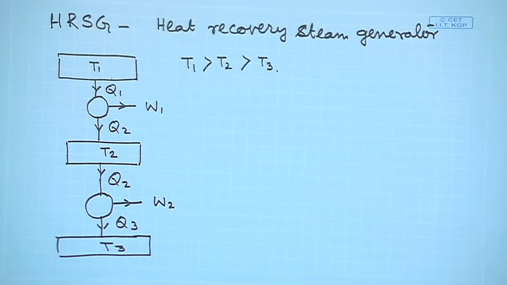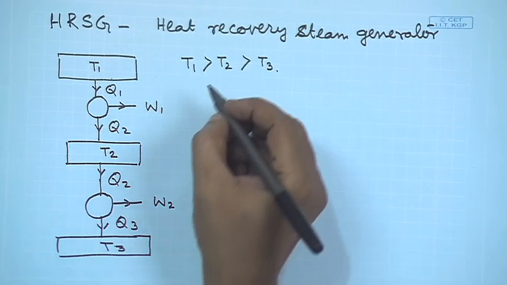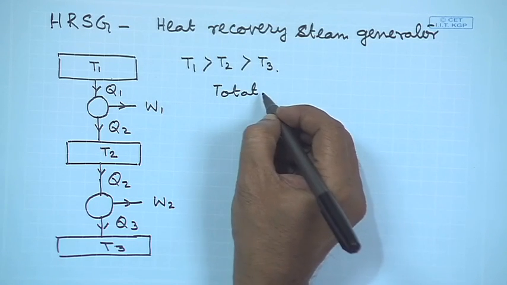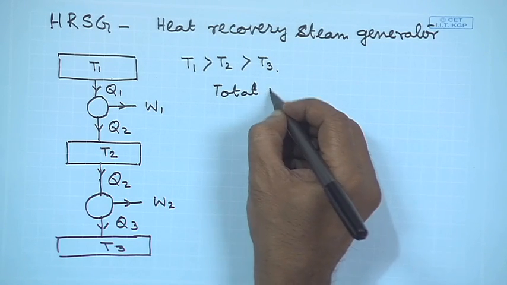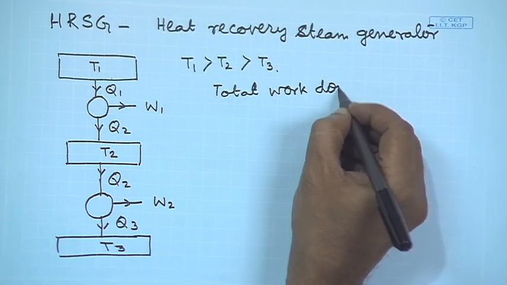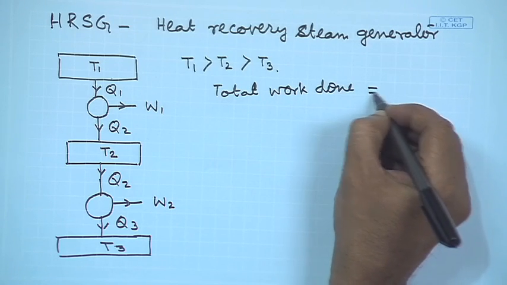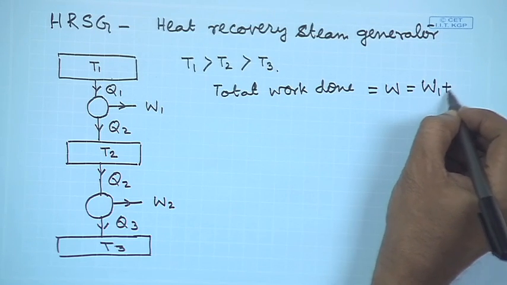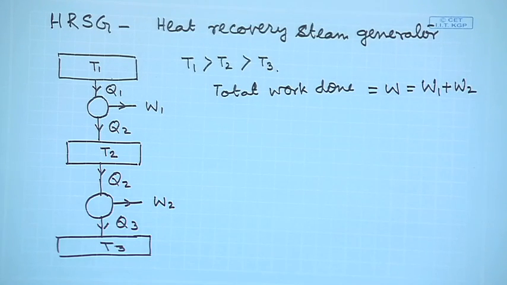Okay. And total work done, that is equal to W, that is nothing but W1 plus W2, that is the total work done.